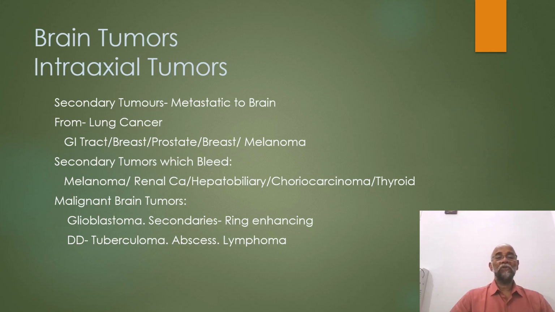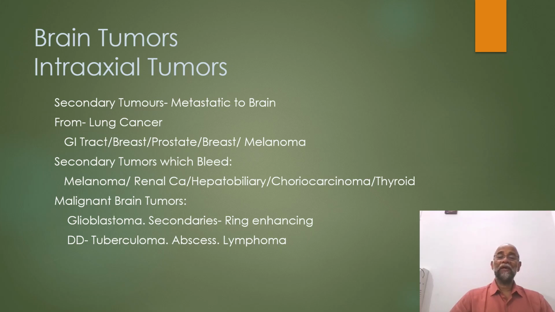Now, malignant tumors of the brain, whether primary or secondary, have certain imaging characteristics. They usually enhance with contrast, and sometimes the enhancement might be more in the periphery, reflecting internal necrosis and poor blood supply to the core of the tumor.